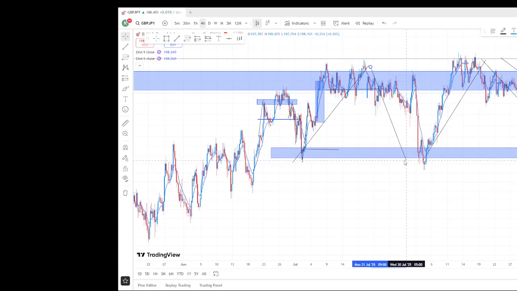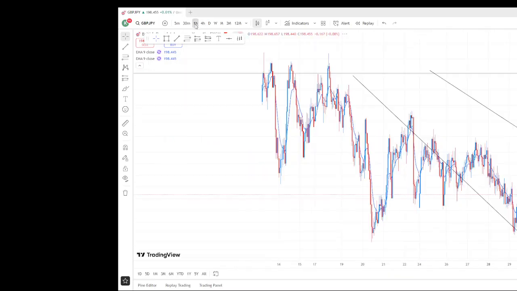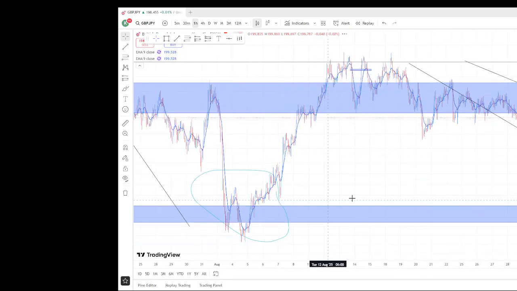The double bottom is right here. So this would be the double bottom. Let me go into this a little bit more.